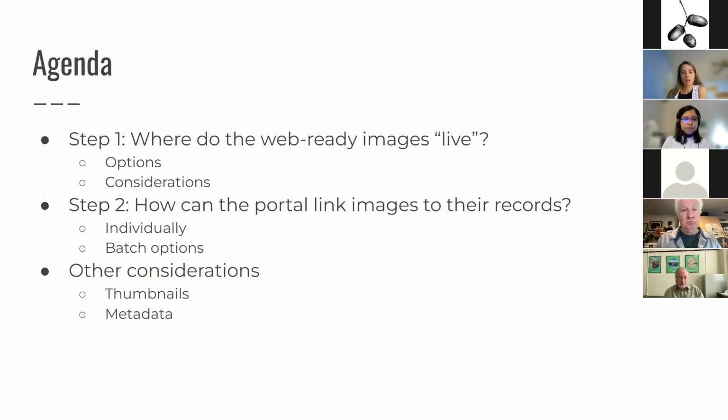Then, once you have a place where those images live and the place where your data are, how do you link those two? That's step 2. And then there are just a couple of other miscellaneous considerations that I wanted to bring up in this webinar. And then of course, there should be time for questions afterwards. And if there's not in this hour, you can always just hang on and we can continue the discussion individually.